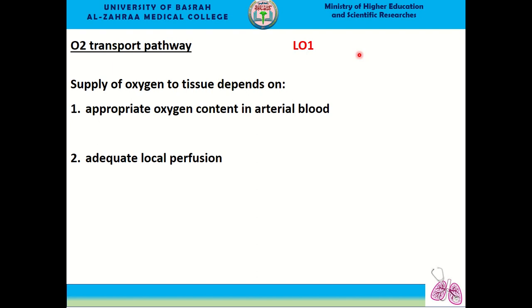So we have to have good oxygen in the blood, and we have to make sure that this blood is going to go to the peripheral tissue in order to ensure good oxygenation and to avoid hypoxia.